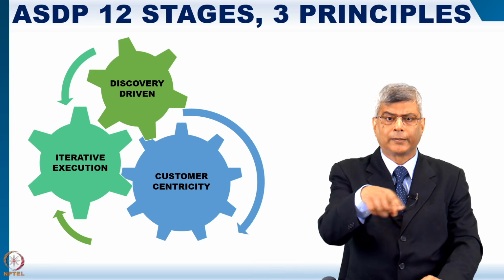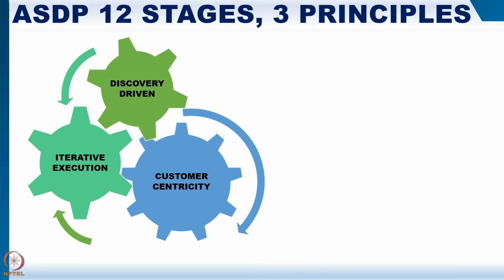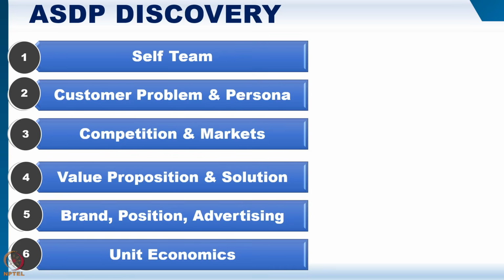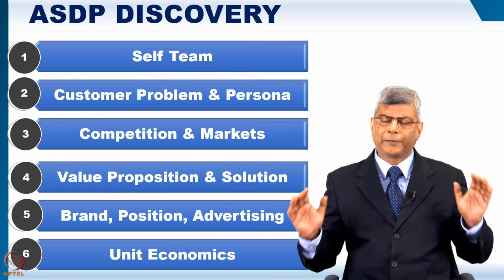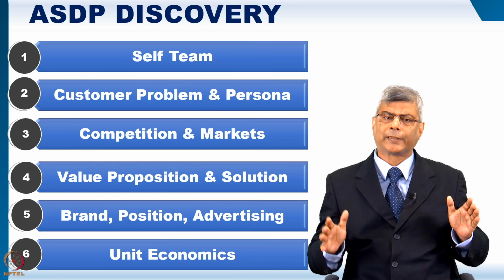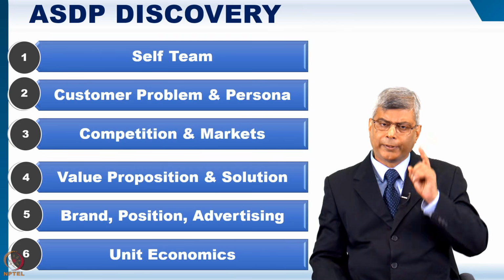But if you follow these three key principles, the chances of your success, your product success, your research application, your MSME success, go up. So what are the 12 stages? The 12 stages of the accelerated startup discovery process start with you and the team.